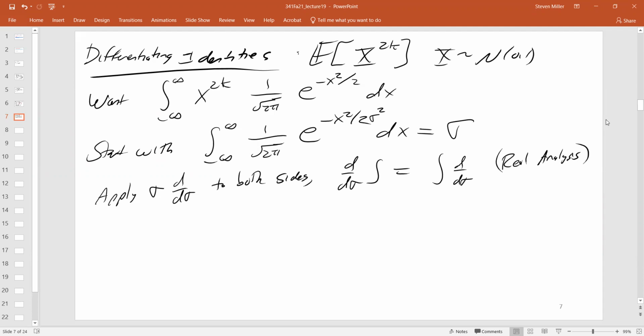And if we can do that, we then get the integral from minus infinity to infinity, x to the 2k, and then 1 over square root of 2 pi. And now we take the derivative with respect to sigma of e to the negative x squared over 2 sigma squared, dx. And what's the derivative of sigma with respect to sigma multiplied by sigma?